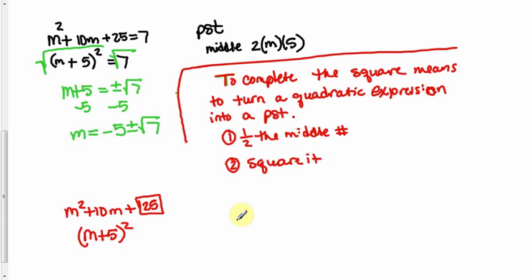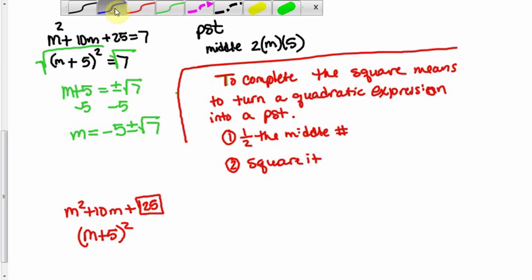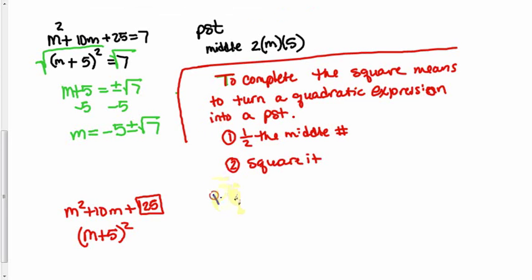So if I gave you a couple of those to do, and I say complete the square, so the directions are complete the square. x squared plus 18x plus empty box. It's your job to fill it in.